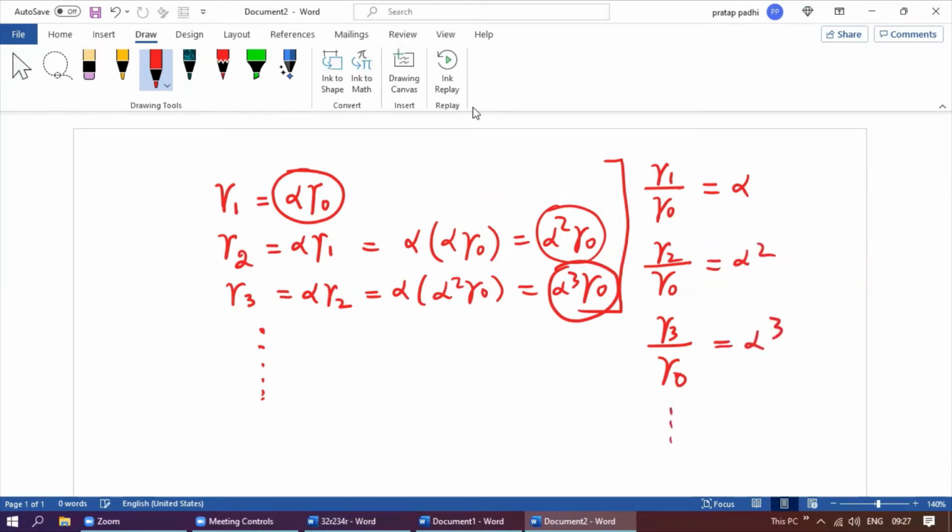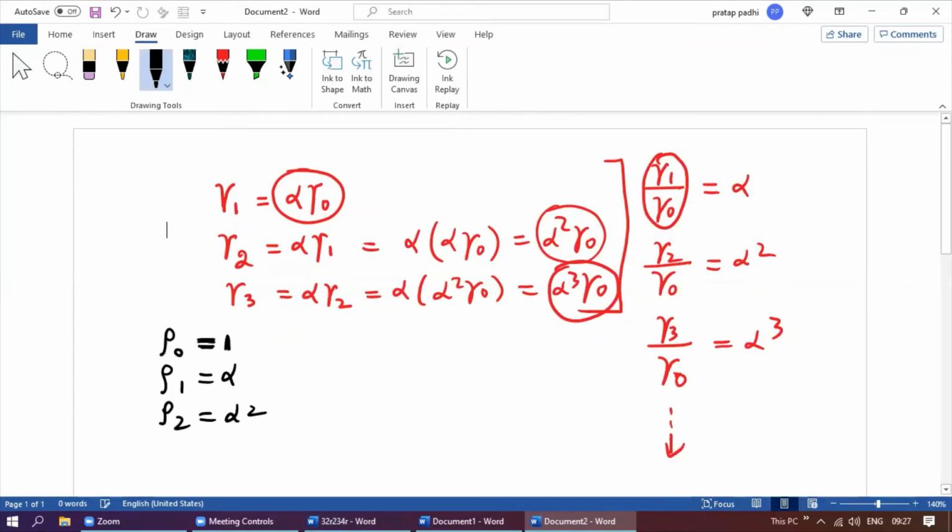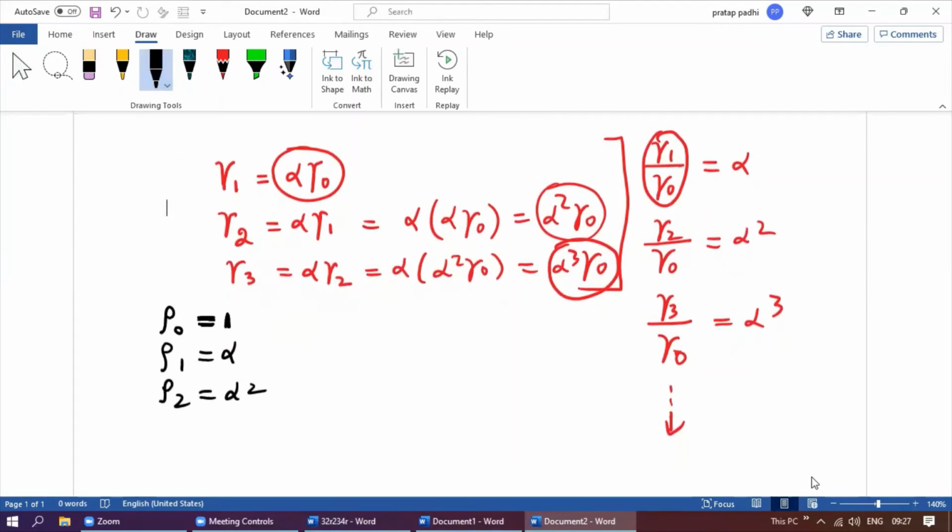And finally it will decrease. We'll see how it will decrease, because alpha is less than 1. Rho 1 is equal to alpha, rho 2 is equal to alpha square. If you write rho naught, that will be 1 anyway, because that will be gamma naught divided by gamma naught, that is 1.